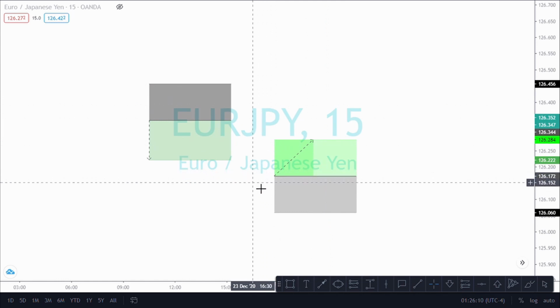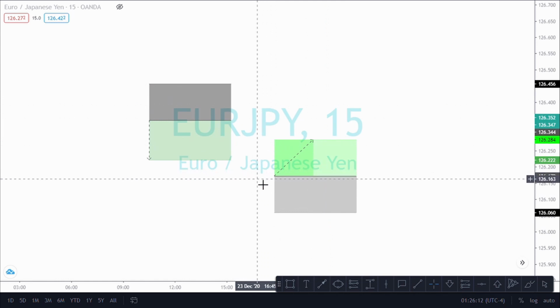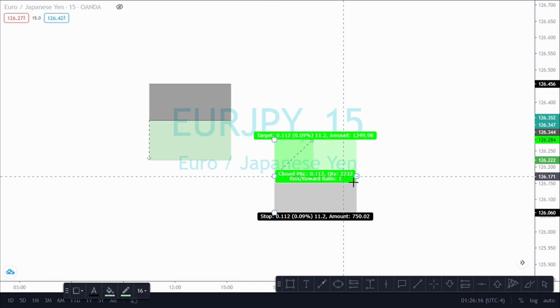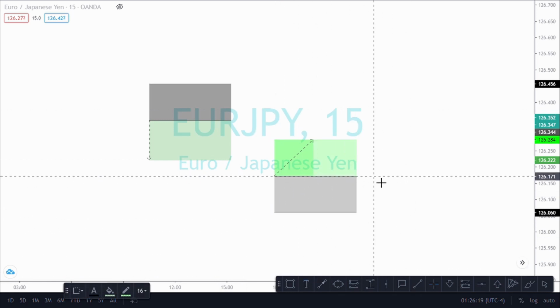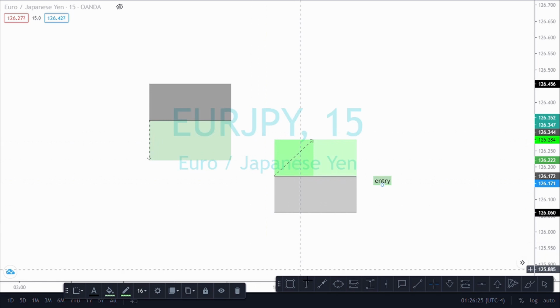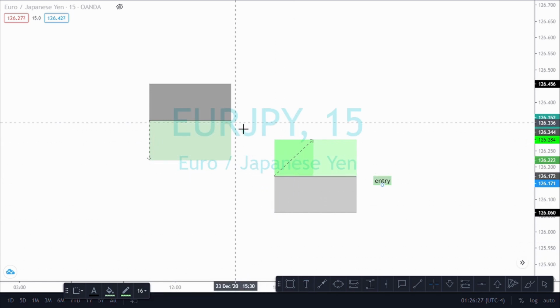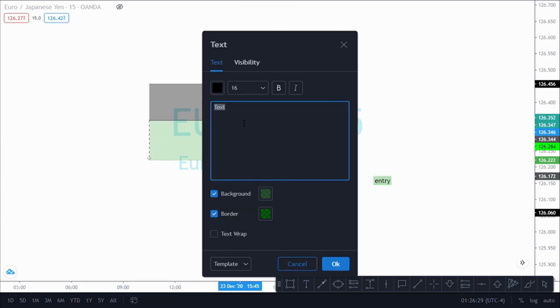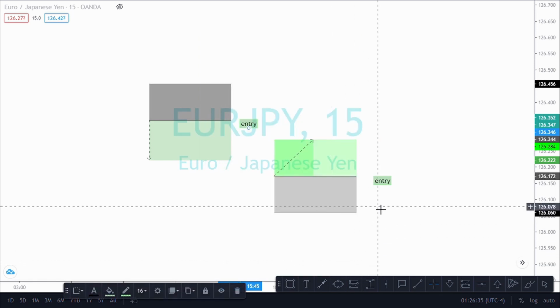And as I say, risk management is, say your entry is right here. I'll just put it in text: entry is right there, and the same thing for this one as well. Whether it's a buy or a sell at the market, your entry is right there.